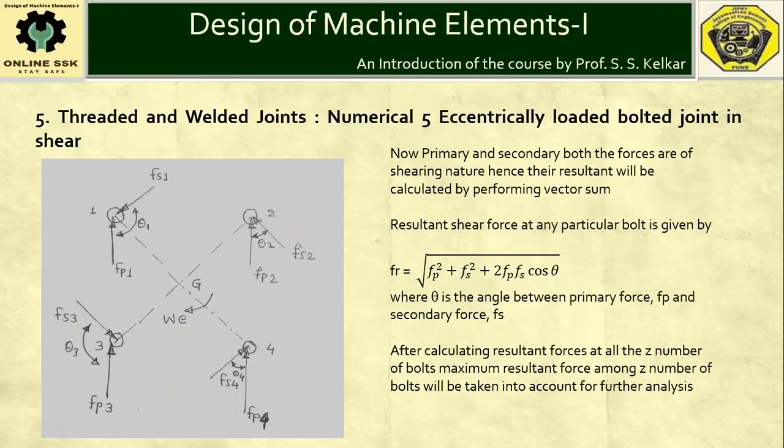Theta is the angle between primary and secondary force. Then the resultant Fr is given by root of Fp square plus Fs square plus 2 times Fp Fs cos theta.